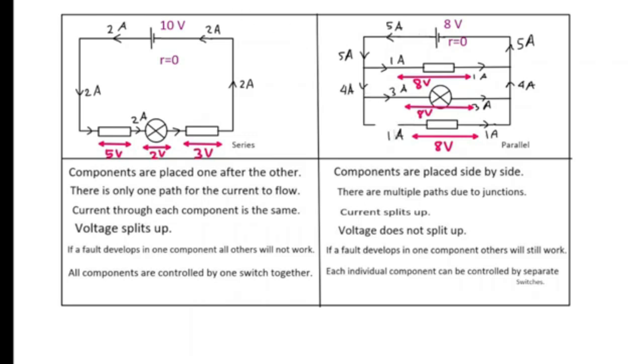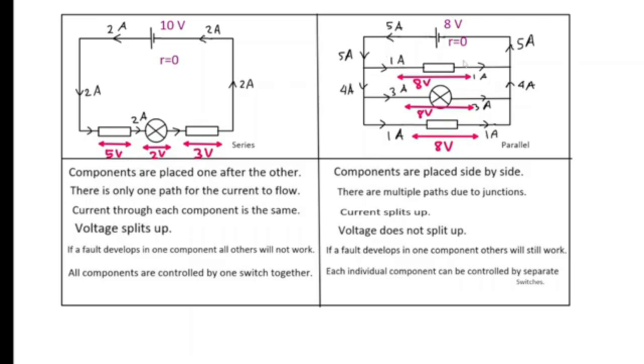Now if you put a switch here, that does not affect the other two, it only controls what's on that branch. Similarly, you can add a switch here. Now if you put a switch here, that only controls the bulb. So if you want, you can add a switch here. Now that will control only that resistor.